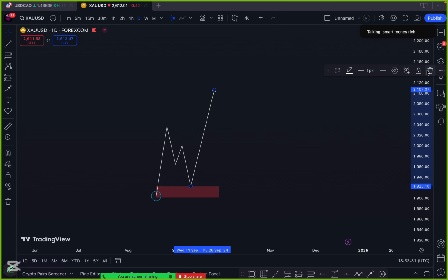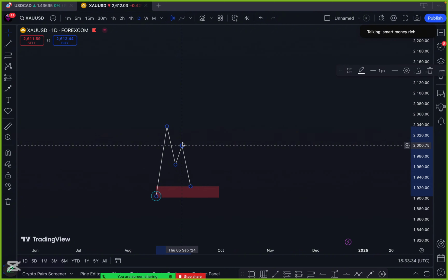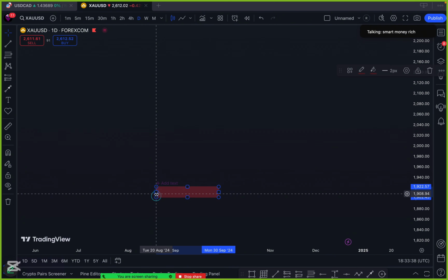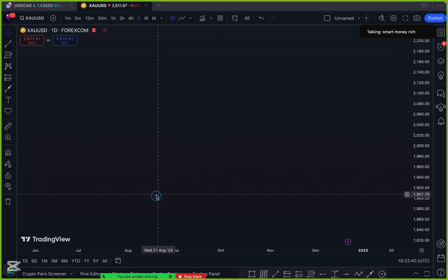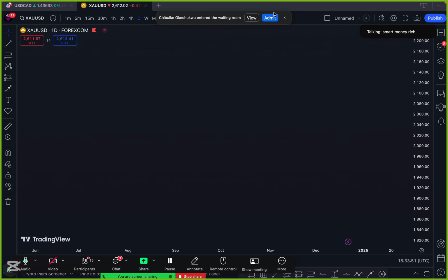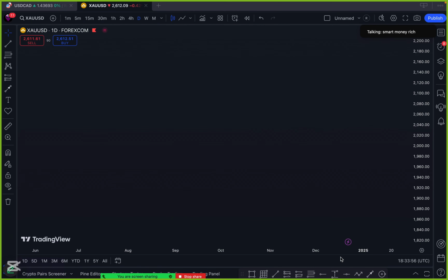So what always happens is this: price always returns to its origin to mitigate the demand or the supply that led to that move, right? The reason why this always happens is because of the smart money traders themselves.